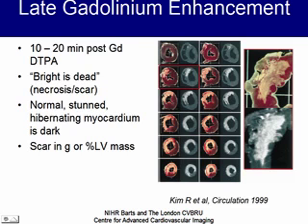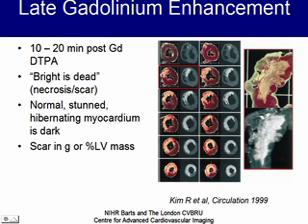So the enhancing areas will be the infarcted areas, and there's some very, very convincing animal work from Ray Kim and Robert Judd, demonstrating how well the late enhancement technique matches with histology in a dog model with infarcts. So basically, this led to the conclusion that bright is dead, and that normal, stunned and hibernating myocardium is dark.